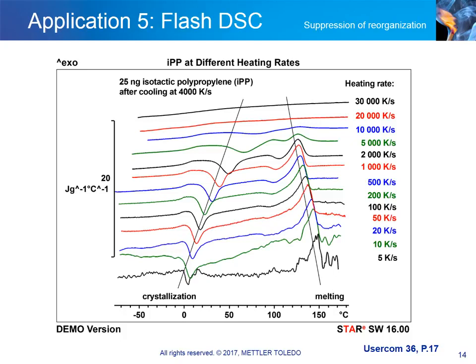It can be seen that all these effects depend on the heating rate. Only at heating rates above 20,000 Kelvin per second is reorganization completely suppressed. Therefore, in order to study the original structure of an IPP sample, it is imperative to use heating rates of at least 20,000 Kelvin per second.